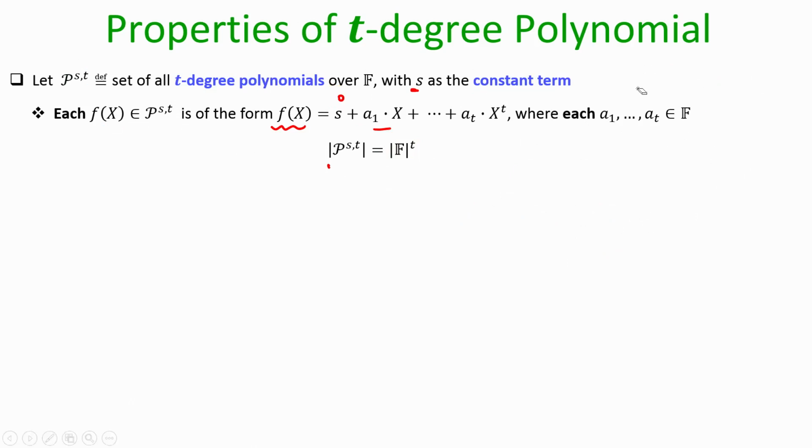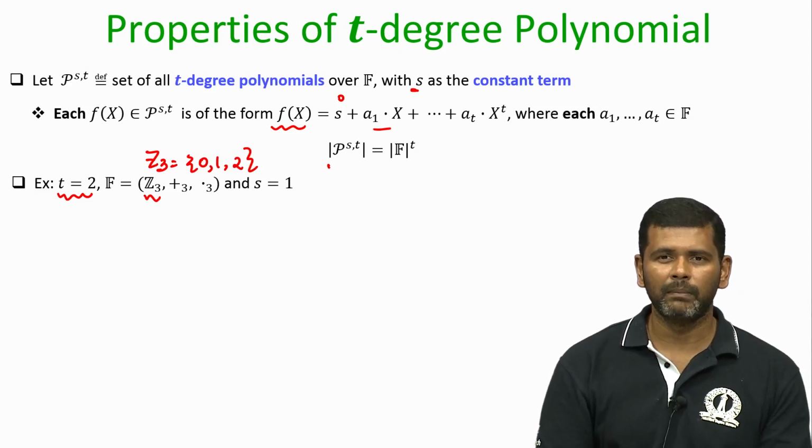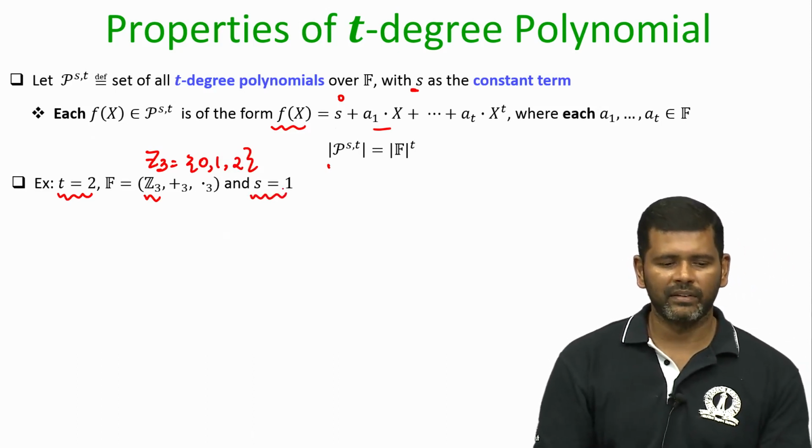Right. So, let us see an example here. Imagine my t is equal to 2, my field is Z3, which means my elements could be 0, 1 and 2, my plus operation here is addition modulo 3, my multiplication operation here is multiplication modulo 3, and imagine my s is equal to 1.